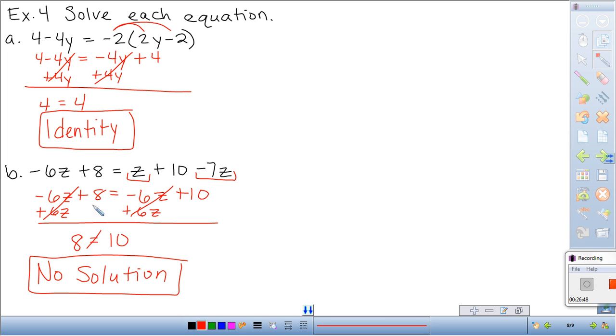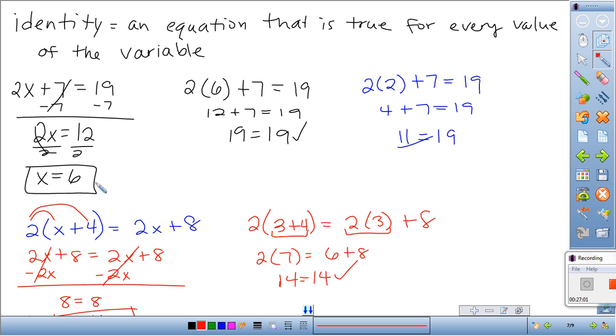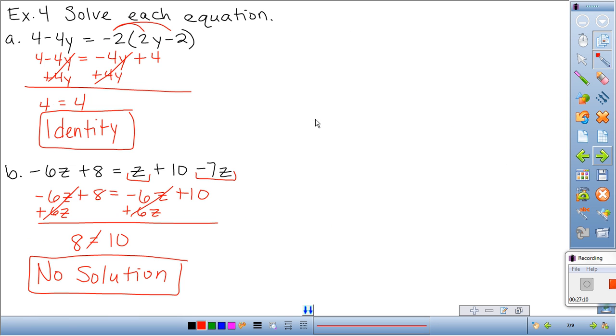So now we've learned about 3 different types of equations. The first type is just what we've been working on since the beginning of Chapter 3, where you solve it and you get an answer. It has one answer. There's only one number that works for the equation. The second type is an identity, where any number you could ever think of would work for the equation, would make the left side equal the right side. And you know it's an identity when you end up with something like 4 equals 4, where you don't end up with x equals something or y equals something.